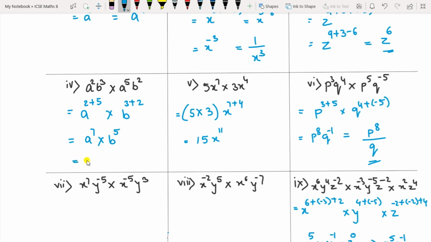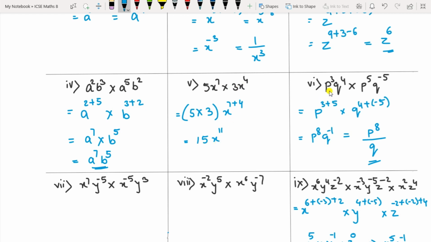If you write a raised to 7 b raised to 5 without writing the multiply symbol in between, it is one and the same. Then if numbers are given here, multiply the numbers in a bracket and add the power of the variable outside it. So it becomes 15 x raised to 11.